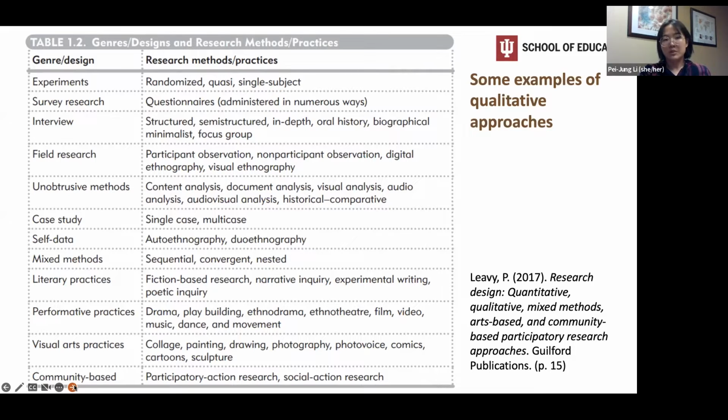And of course, there are also mixed methods, where the example we demonstrate later could be a mixed method study. Or there are literary practices.